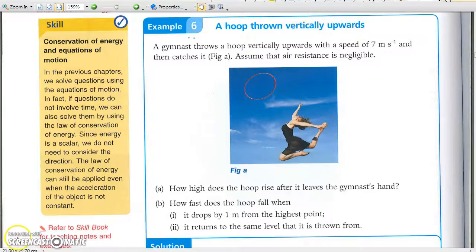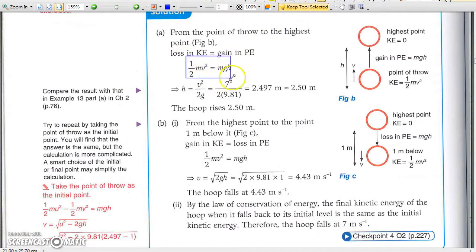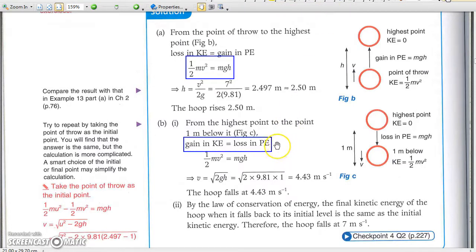Hence, half mv squared equals mgh, which gives h equals v squared over 2g. In that way, we may calculate the maximum height. At other heights, we may also find the speed of the hoop by first calculating the loss in Gpe, which becomes kinetic energy at that height, so that we may find the speed of the hoop.